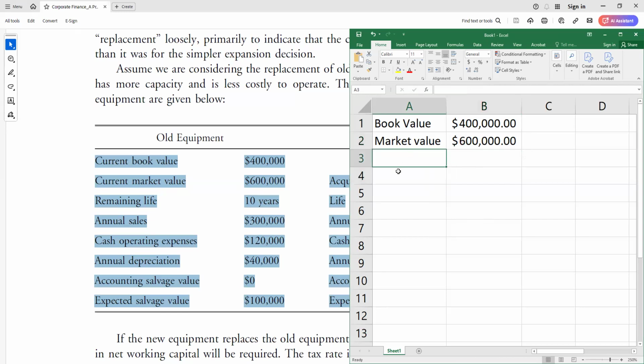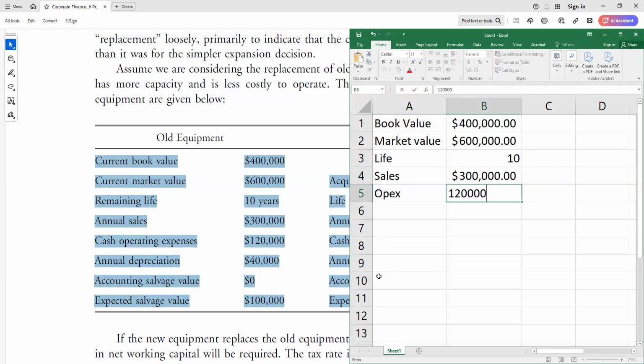Remaining life. I'll just put the life of the project, 10 years. And annual sales 300,000. And I have OPEX 120.